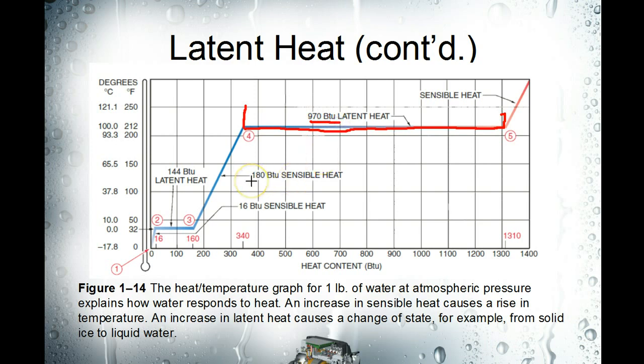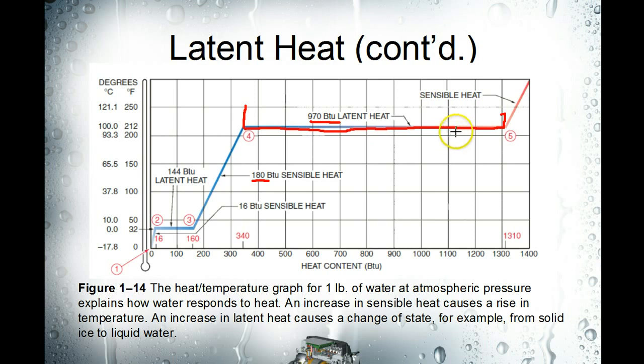Here we had 180 BTUs to raise the temperature, but look how much more heat energy is required to change that water from liquid to vapor. And this is key, this latent heat. Remember, this can't be measured by a thermometer. It is a change of state, transfer of energy, and it's really important that you understand this concept.